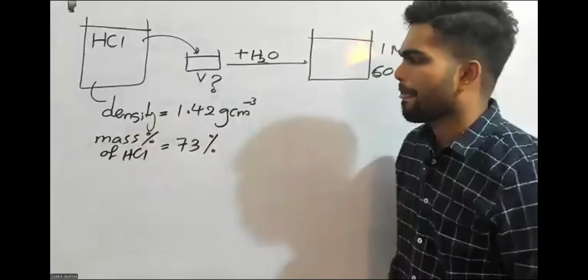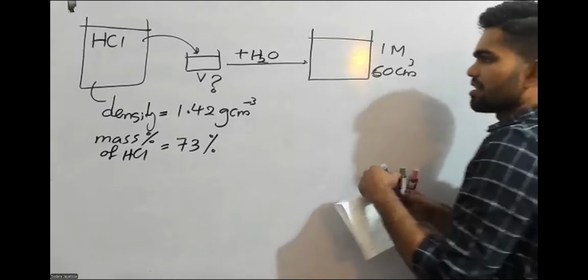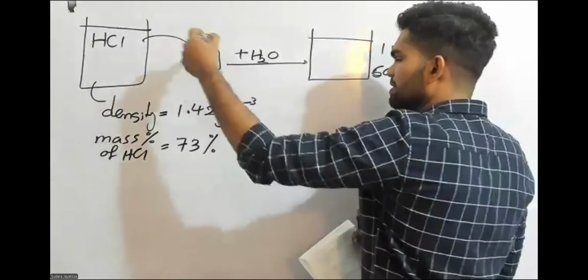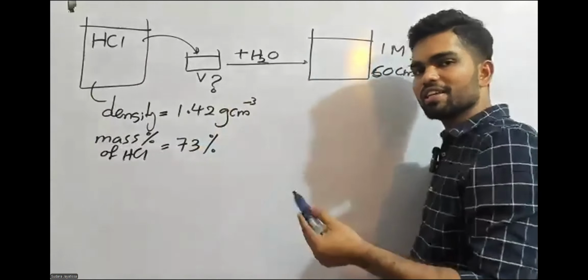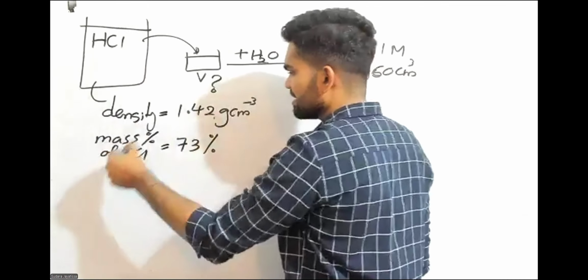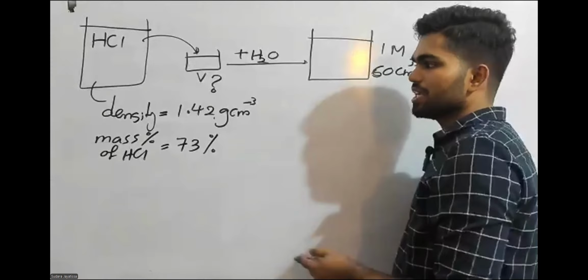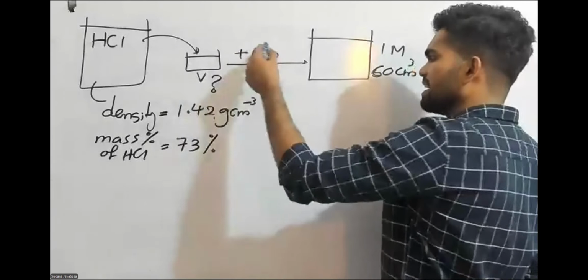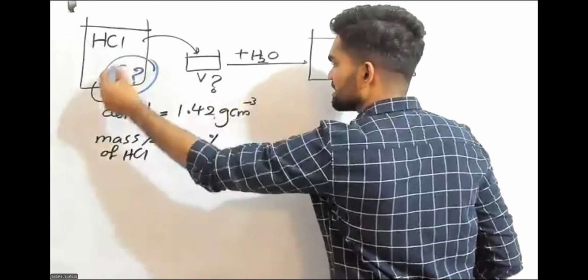Okay, let's see. Here the difference is the concentration is not given. Instead of giving the concentration, they have given us the density and the mass percentage. You have to understand these two data. After you find the concentration, that's our main target.